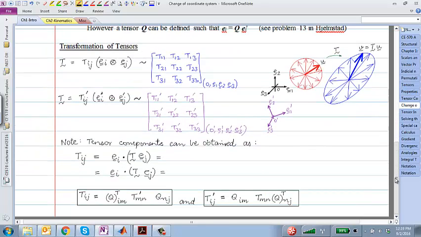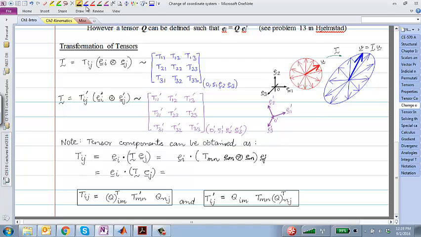So we'll use the same type of operation that we did for vectors. We have Tij, so Ei dot with Tij, or actually let me use different indices, so Tmn Em dyad with En, that's my tensor T, and it's going to be acting on Ej.